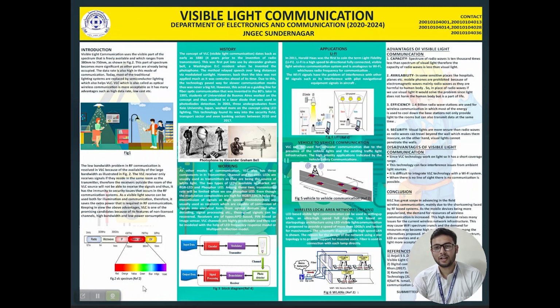As visible light can be used both for illumination and communication, in VLC the power required is less as compared to RF communication. Keeping in view the above advantages, VLC is one of the most promising candidates because of the features that we have discussed above.